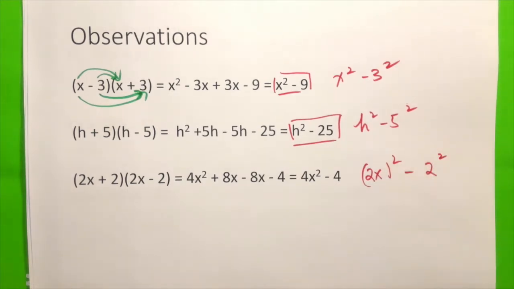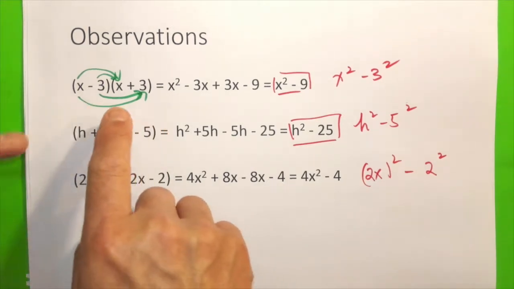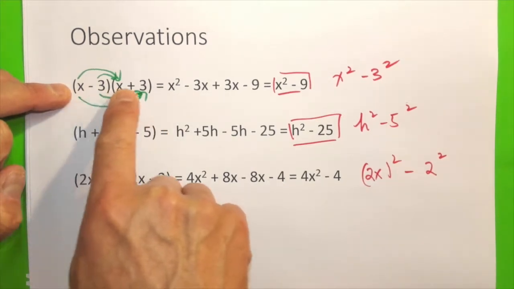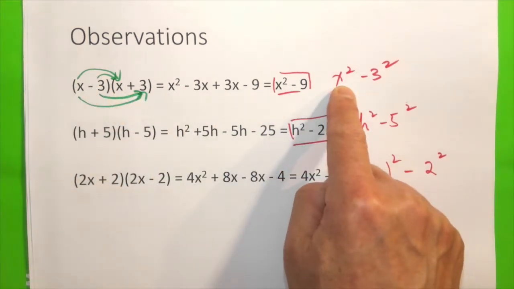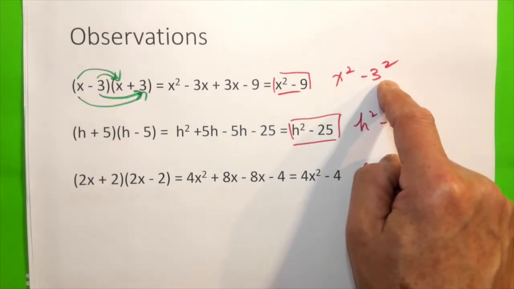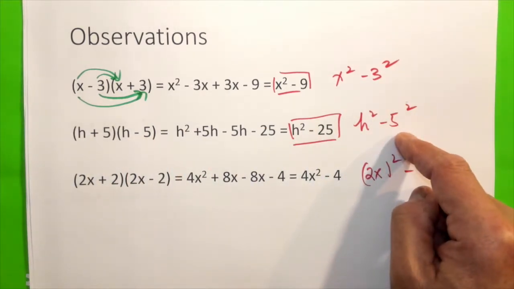Alright? So you can observe that (x - 3) into (x + 3) can be rewritten as x squared minus 3 squared. Same with this one, h squared minus 5 squared.